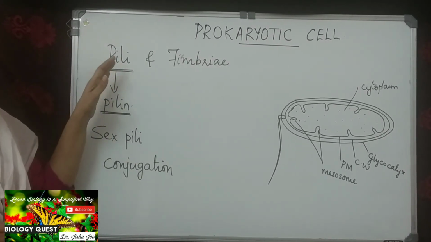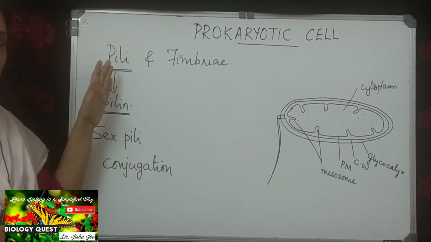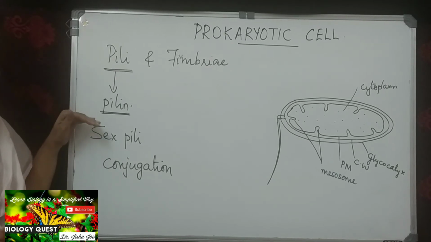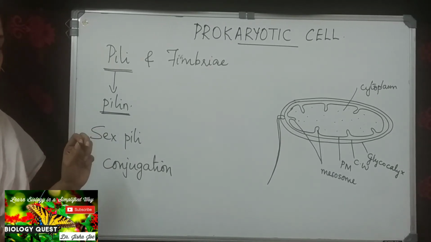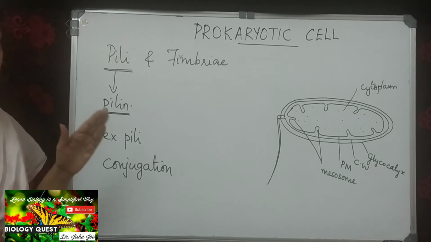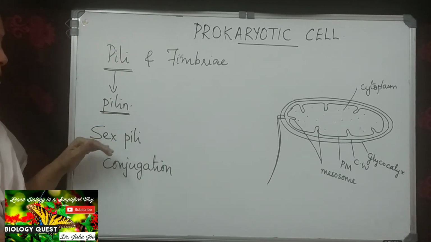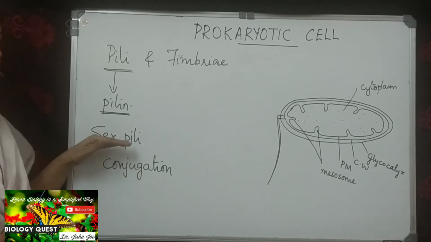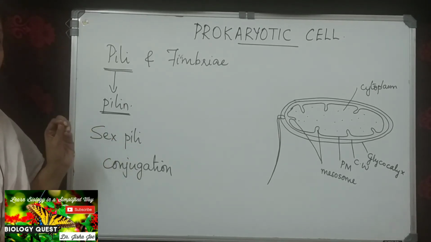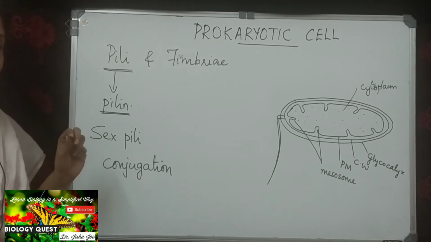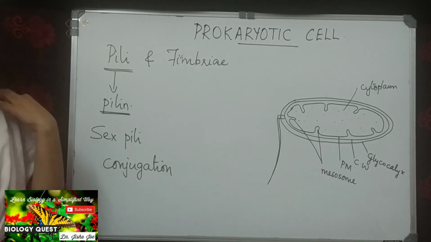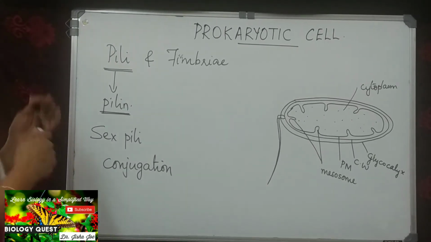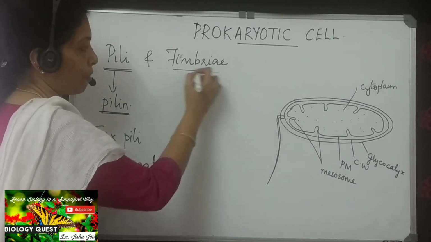Okay, so that is with regard to pili. Pili are formed of proteins called pilin. They are present in both motile and non-motile forms. They are not concerned with motility. Certain pili are called sex pili, which are involved in the transfer of genetic material from one bacterium to another during bacterial conjugation. Now coming to the second structure, the fimbriae.